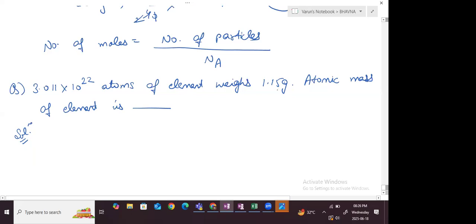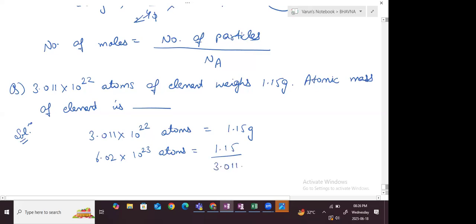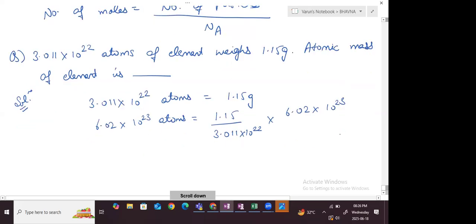Correct? If these atoms are weighing this much, then this is my Avogadro number, so 1 mole will be what? Because it is in grams, if I solve it, this comes out as 2 and this one, so it will come out as 1.15 into 20.